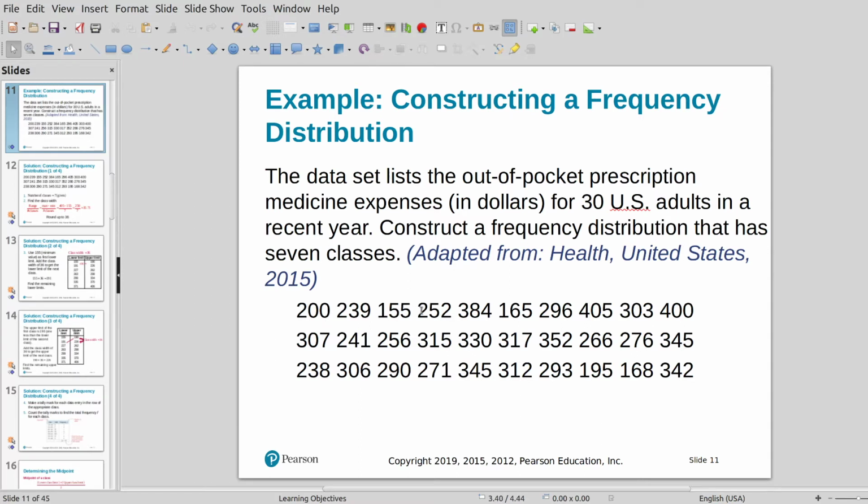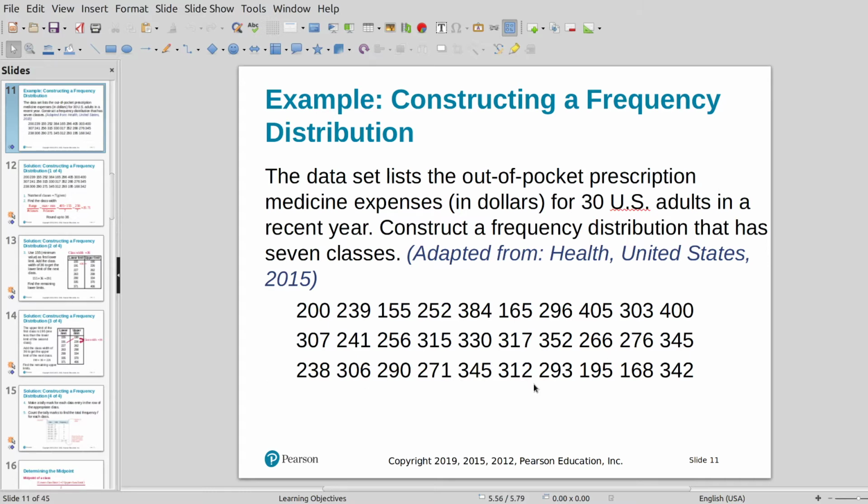That was smaller than 200. So I keep going along. Do I have anything smaller than 155? And I don't. So 155 is my smaller number. Now 200 is my largest, then 239, then 254, then 384, then 405. Do I have anything larger than 405?